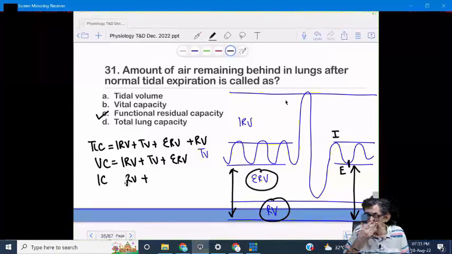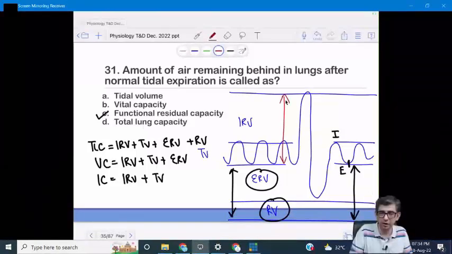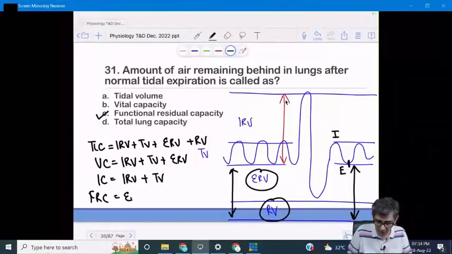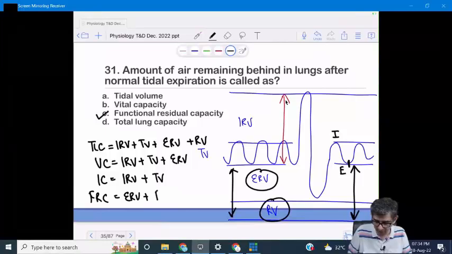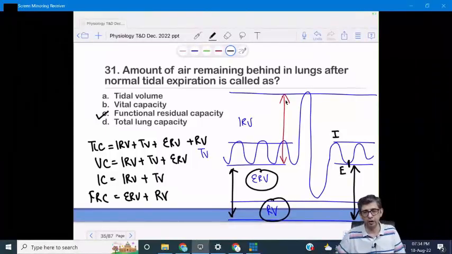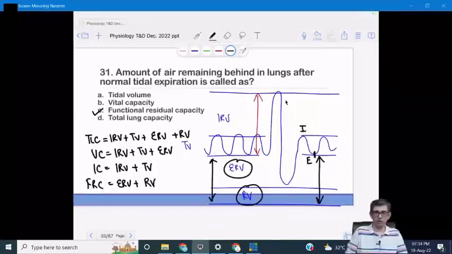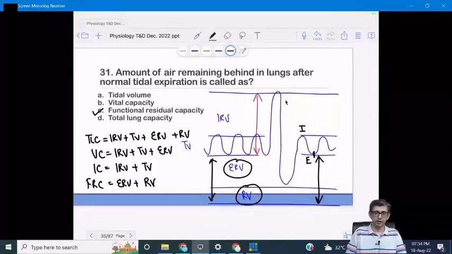And now we are discussing FRC, in which we are talking about the bottom two parameters, expiratory reserve volume and the residual volume, that is air remaining behind in the lungs after normal tidal expiration. Answer to 31 is option number C. Remember these four values once. Normal spirometric curve is usually asked, so it's a good idea to practice this.